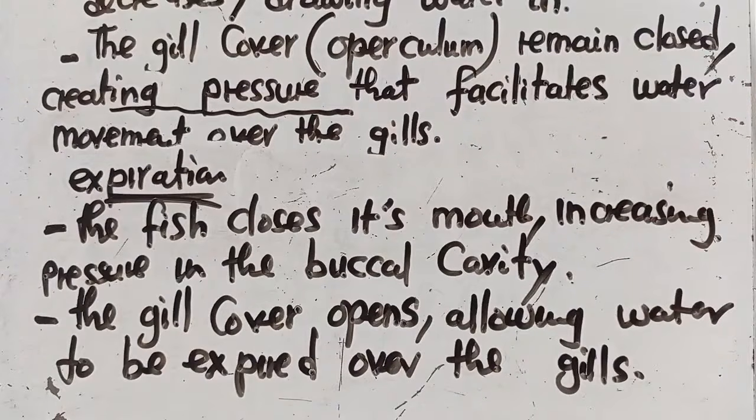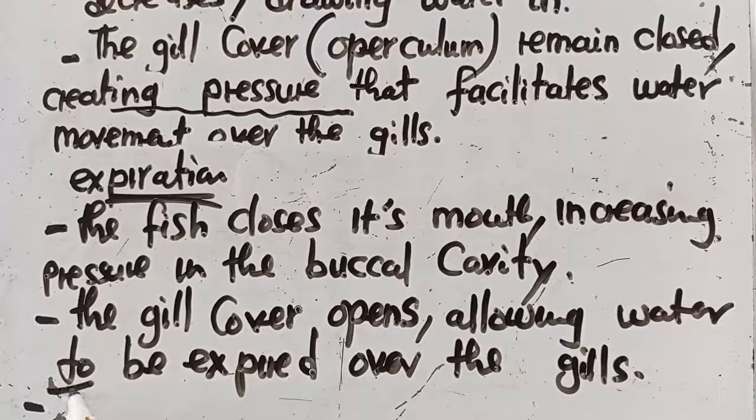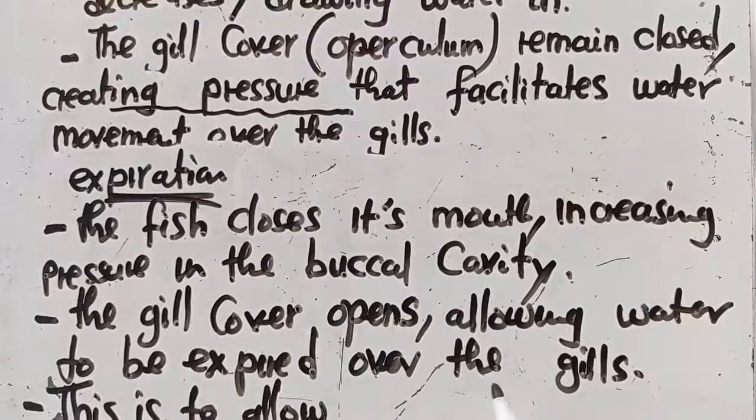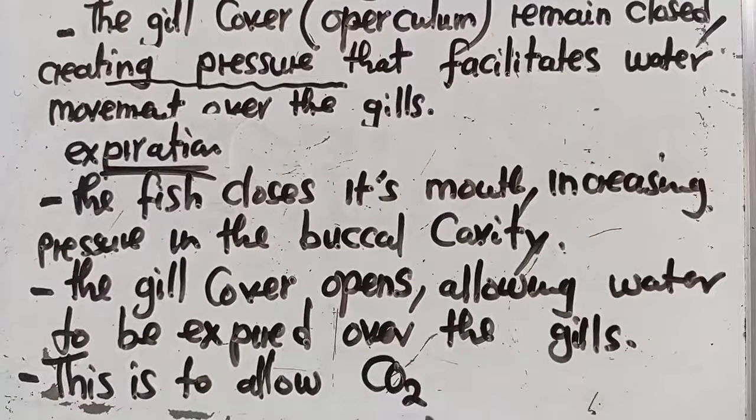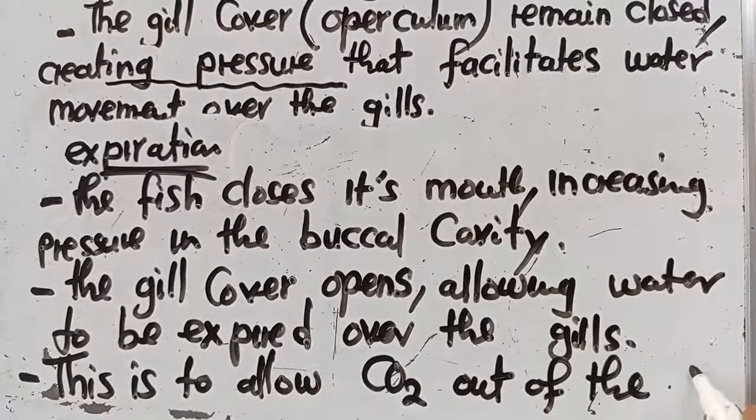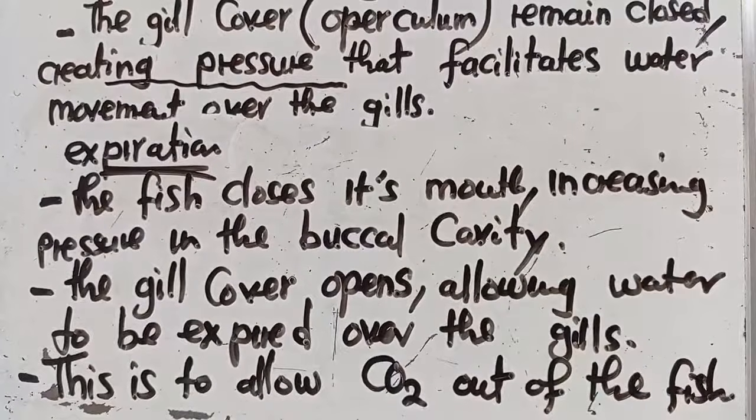This is to allow carbon dioxide to move out of the fish. So this is the whole essence. Have you seen that expiration is too simple? So if I tell you to explain the expiration process in fish, you just explain this part.